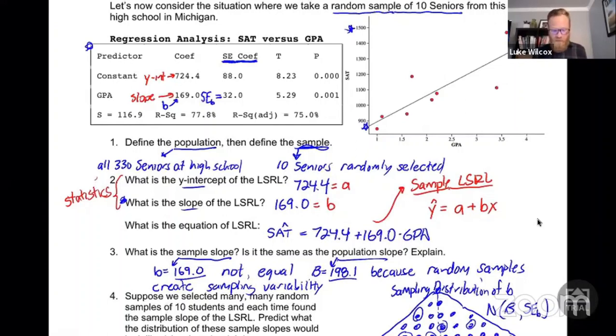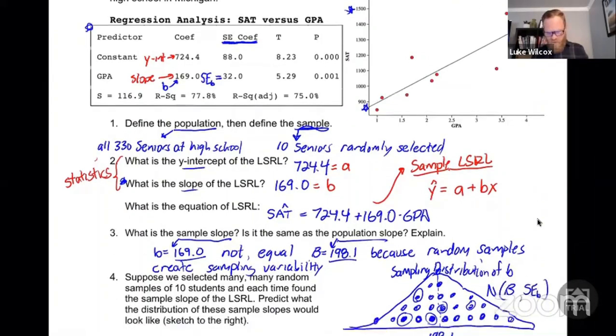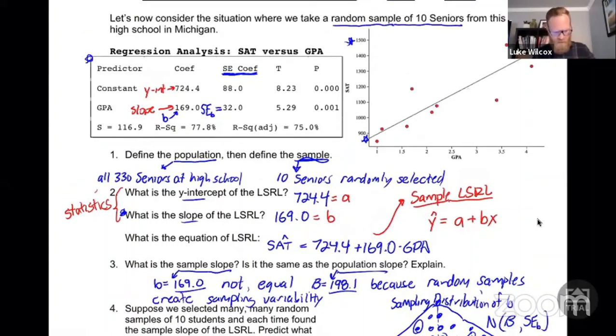That's the value we're looking for. That's 32.0. What that's telling you is that these estimates for the slope that we're making will typically be about 32 away from the truth. That's what that standard error is telling me. One other thing I'm going to point out while we're here is that this s value is what's known as the standard deviation of the residuals.